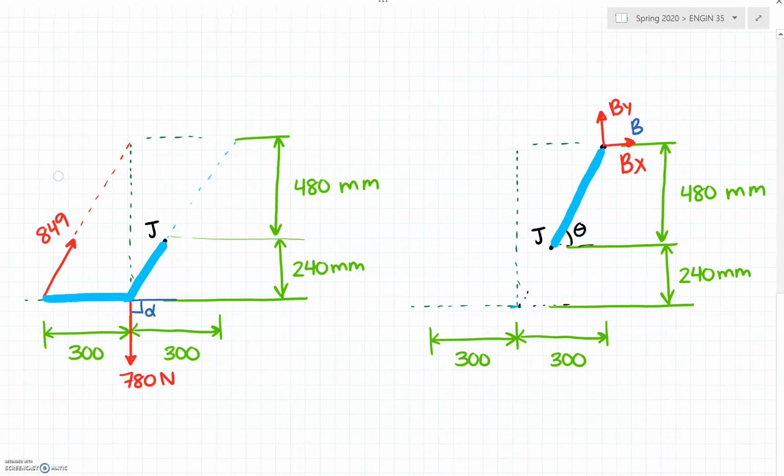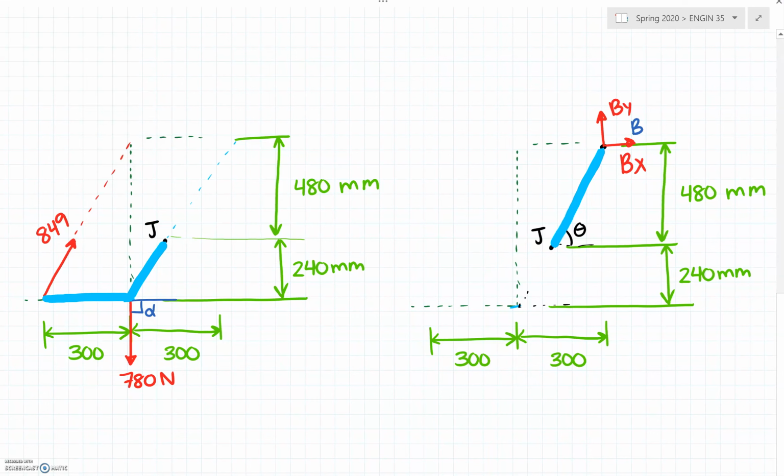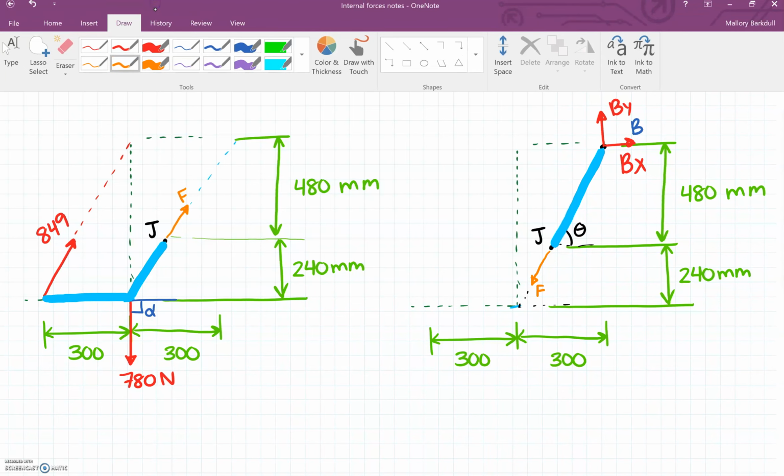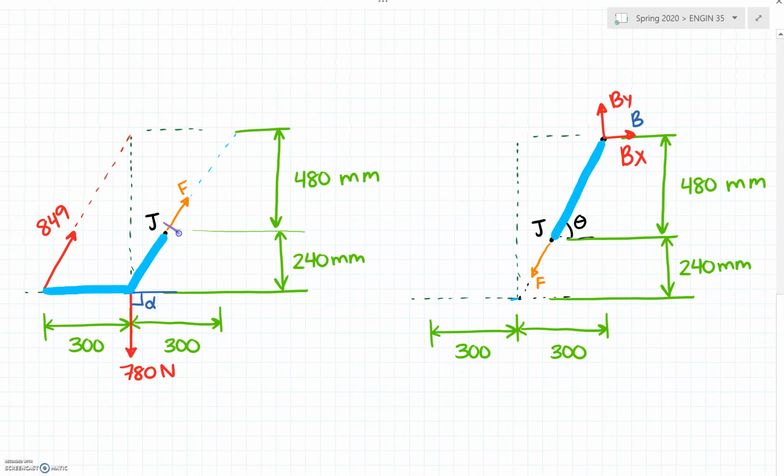I have separated the rigid body into two sections, and the separation is at J. At J, for both sections, we're going to have a normal force along the member, which we can call F. I'm also going to have a shear force V, and an equal and opposite shear force in this drawing.